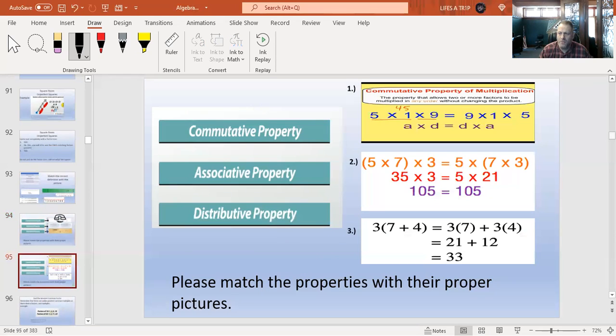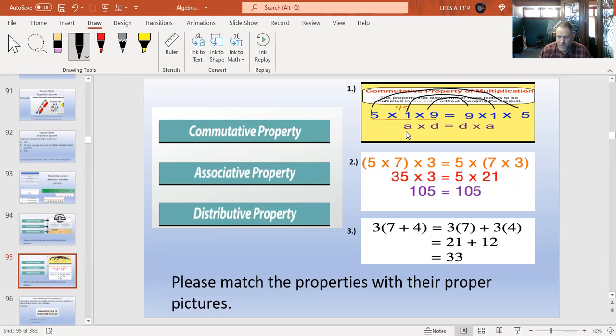All right, guys, so let's look a little further at the commutative property again for multiplication. Let's see, 5 times 1 times 9, that equals 45. 9 times 1 times 5. So there is our rainbow here, our little rainbow.